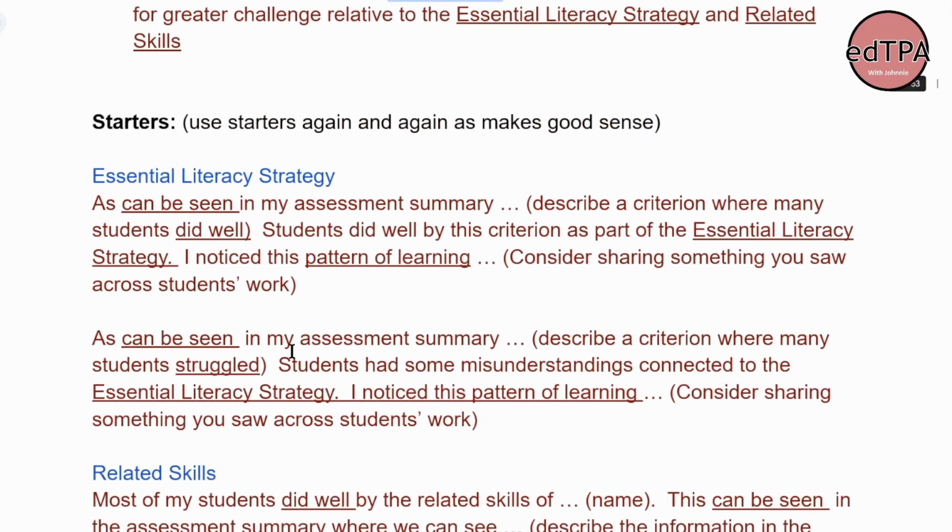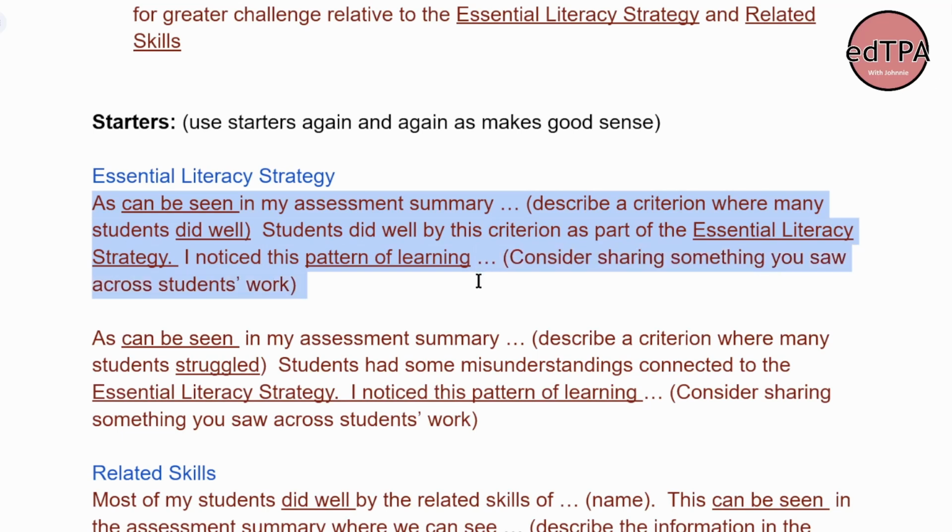Here's some starters for you. The essential literacy strategy. As can be seen in my assessment summary, describe a criterion where many students did well. Students did well by this criterion as part of the essential literacy strategy. I noticed this pattern of learning. Consider sharing something you saw across students' work.